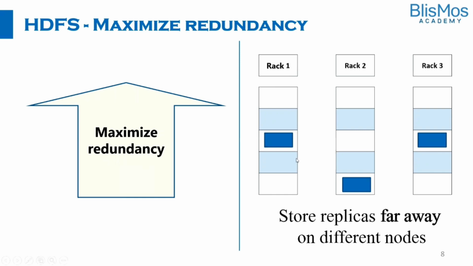Now, since we have 3 racks, the ideal way of storing the data is to store it in rack 1. I'm talking about only one block here. This is the block. The same block is stored here and here. As we discussed, we are replicating the data and also ensuring that we are storing it in faraway locations rather than in the same rack.